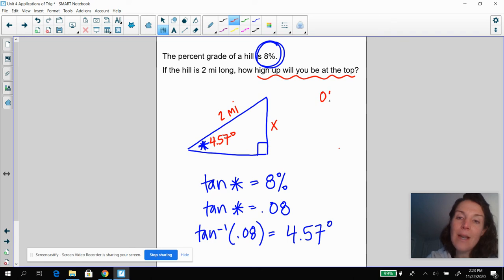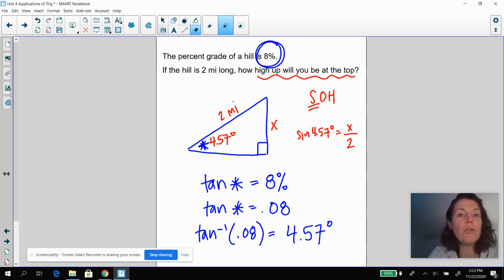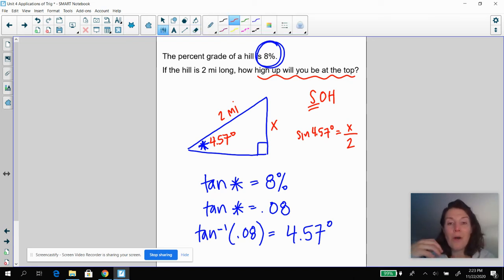So if it's the opposite and the hypotenuse, I know I'm using sine. So it's going to be the sine of 4.57 degrees is equal to x over 2 miles. And then you cross multiply and you solve for x.